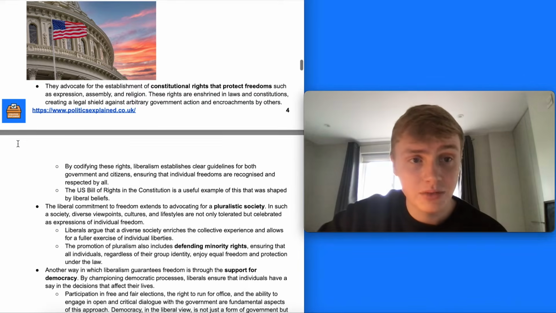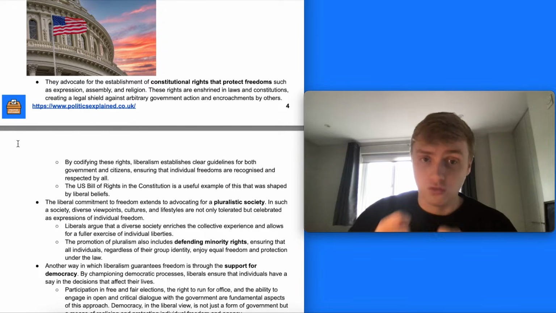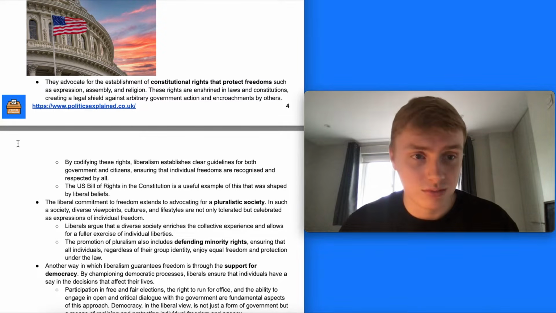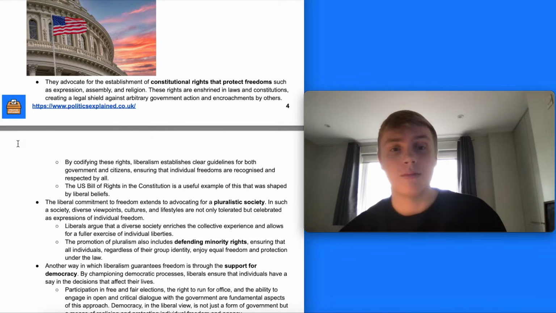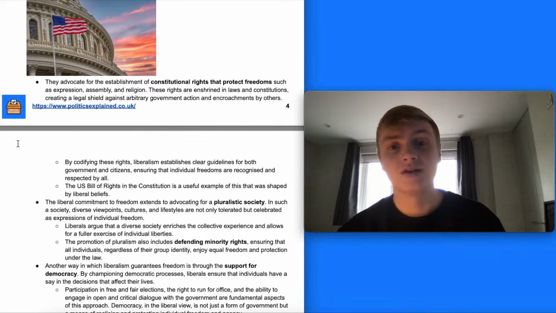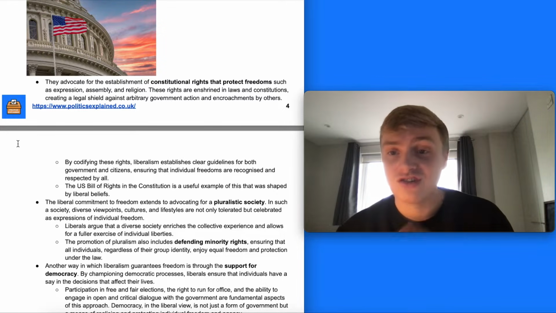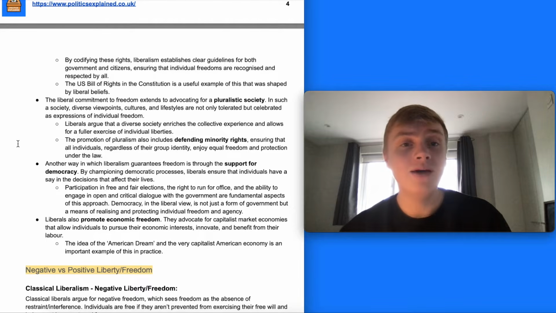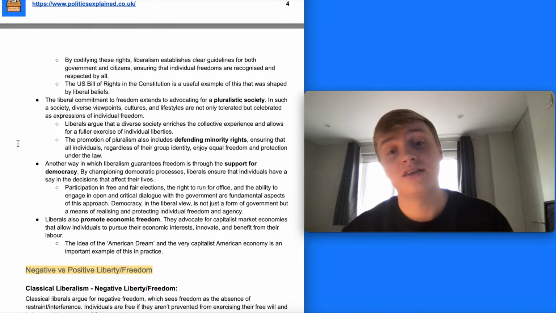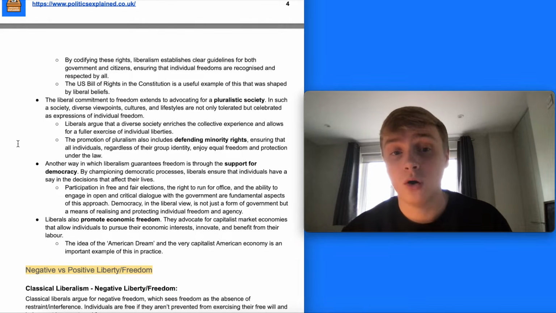I thought we'd quickly have a look at the key ways in which liberals guarantee or promote individual freedom. They advocate for constitutional rights that protect freedoms, such as the rights of expression, assembly, and religion. These should be enshrined in laws and constitutions, as they are in the American state in the Bill of Rights. It also extends to advocating for a pluralistic society, in which diverse viewpoints, cultures and lifestyles are not only tolerated but celebrated as expressions of individual freedom.